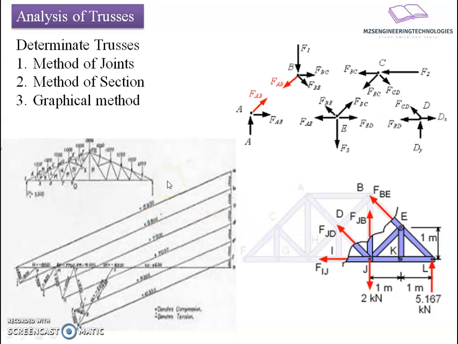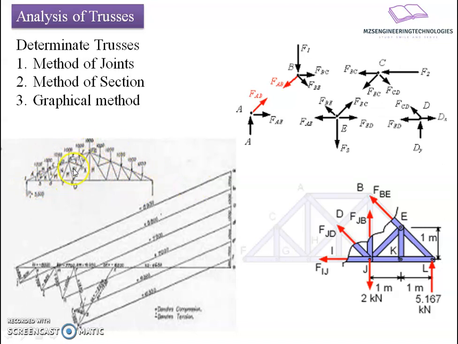In case of graphical method, we are going to use the principle of polygon law of forces, and then we'll extend the concept with reference to scale geometry. We'll prepare a space diagram and vector diagram, and with the help of these we are going to find out the unknown forces in that particular member. We will prepare a force polygon for individual loops or spaces, or we can write the force polygon for the entire structure.